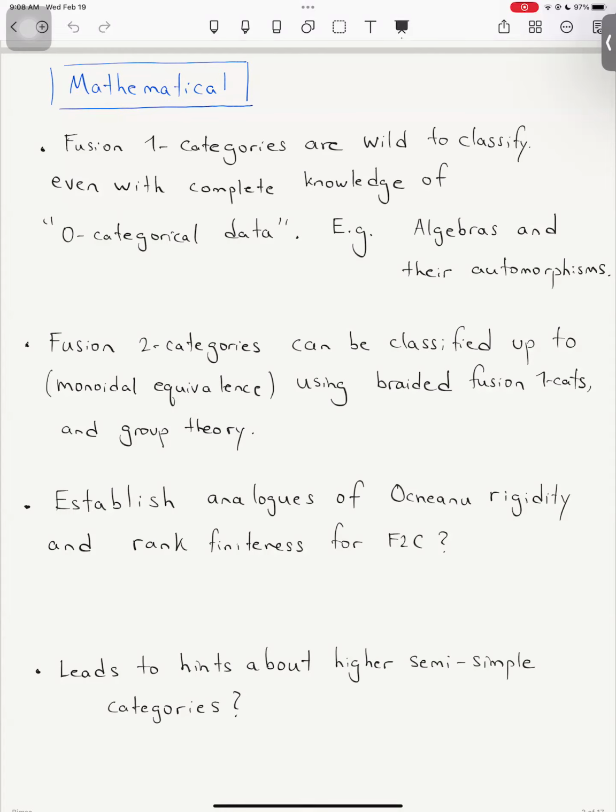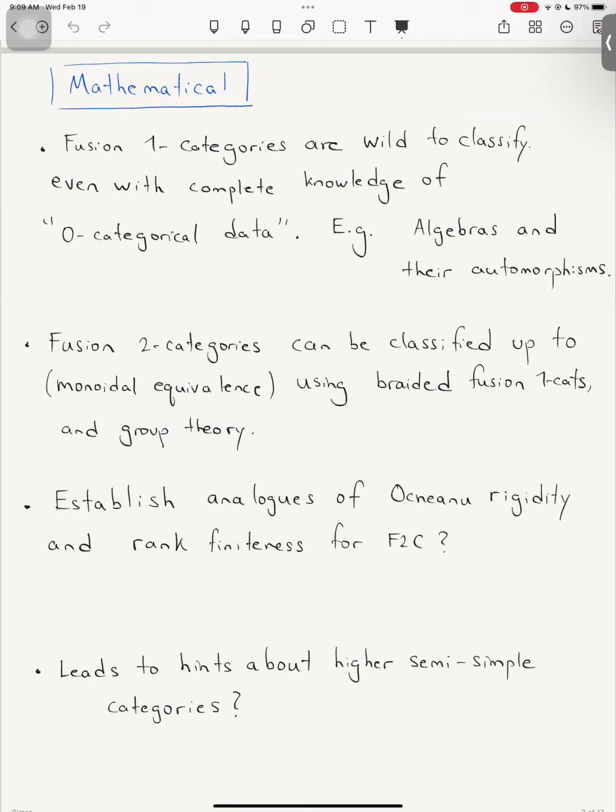But now, towards the second point: if you wanted to classify fusion two categories up to monoidal equivalence, you can imagine that you had a classification of braided fusion one categories. If you black box a classification of braided fusion one categories, so I knew everything about braided fusion one categories and the Picard groups, then in the classification of fusion two categories there's no other wildness that goes on.